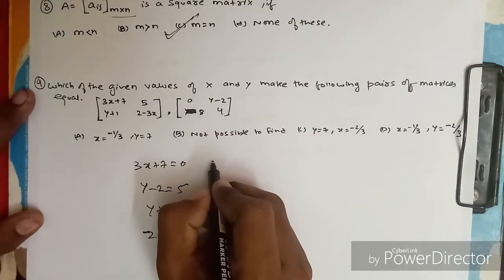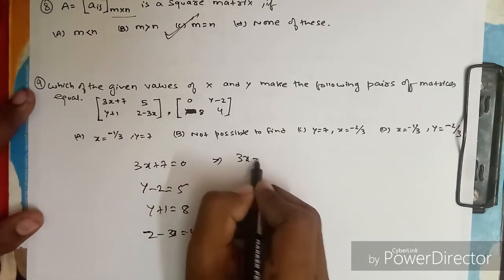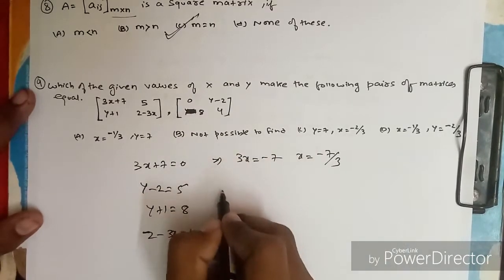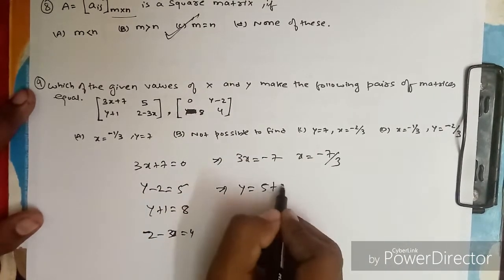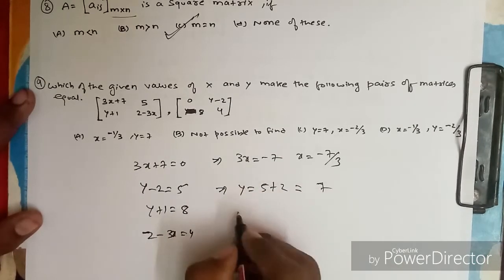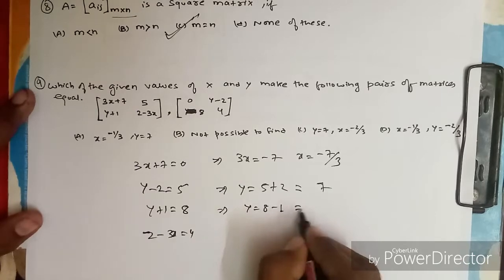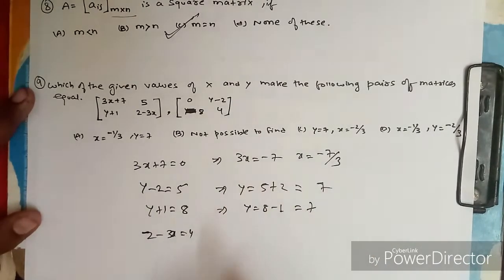Okay, so the value of x comes out to be 3x equals minus 7, x equals minus 7 by 3, and the value of y equals 5 plus 2, so y equals 7. Now we can verify: y equals 8 minus 1, so again y equals 7, the same value.